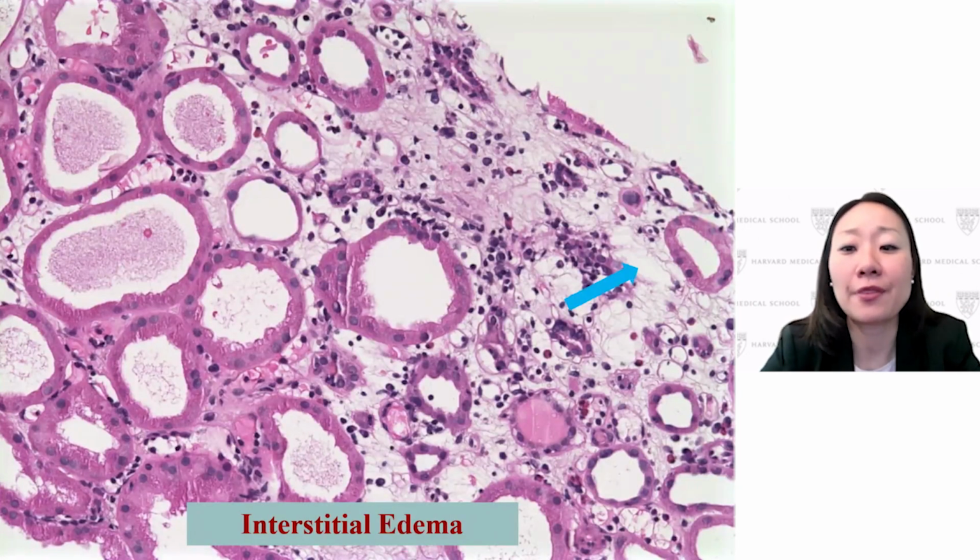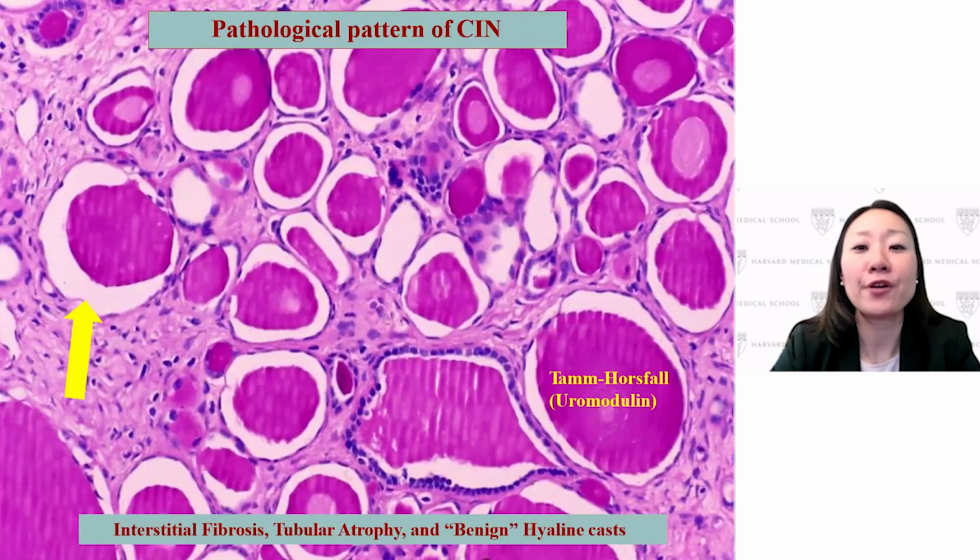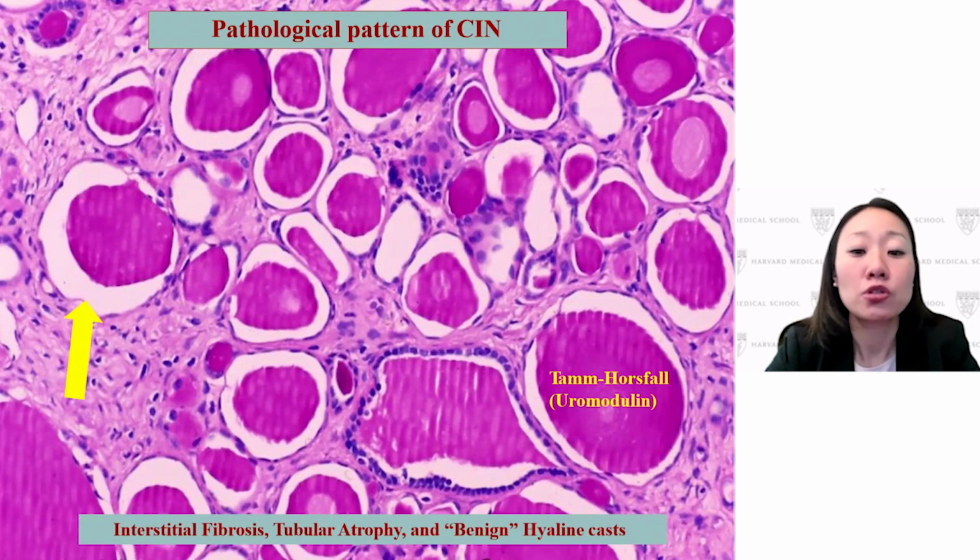Here we can see that the blue arrow points to the interstitial edema. And third, with more chronicity, we see interstitial fibrosis, tubular atrophy, and we can also see benign hyaline casts.